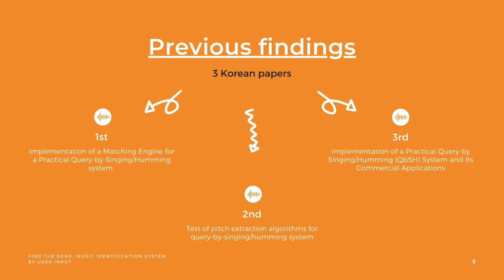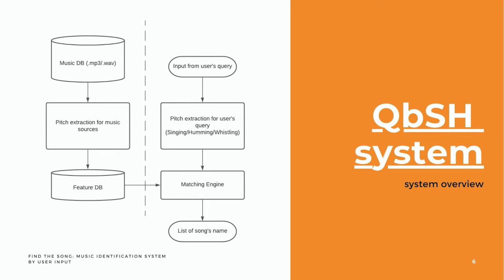There are two main parts to the system: the pitch extraction module and the matching engine. Here is the overview of the QBSH system. So, let's see in this diagram. You can see that this diagram is divided into two parts. The left side is about the database sources, and the right side is about the input from the user query.